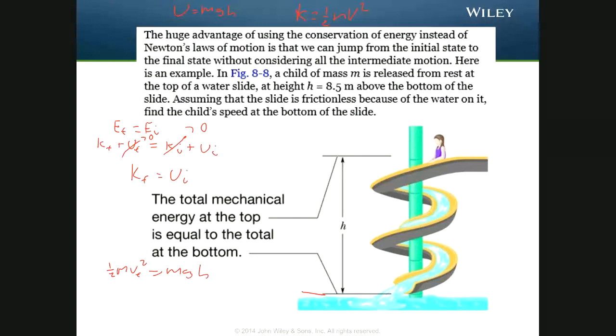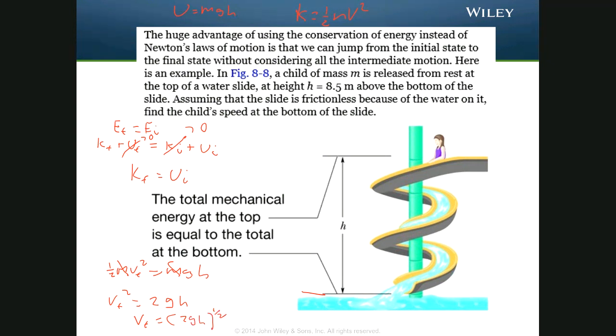So the m's cancel, right? And we have that v final squared is equal to 2 times g times h, and v final is equal to (2gh) to the 1/2 power. Okay?